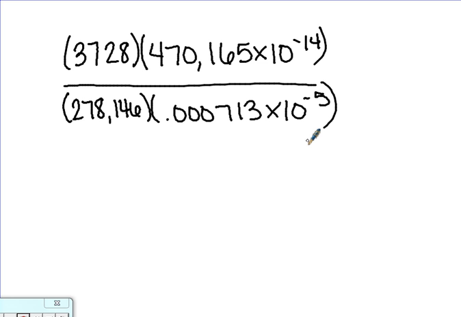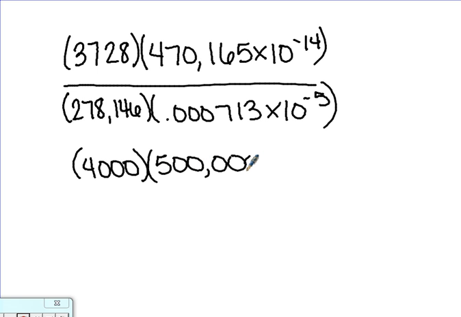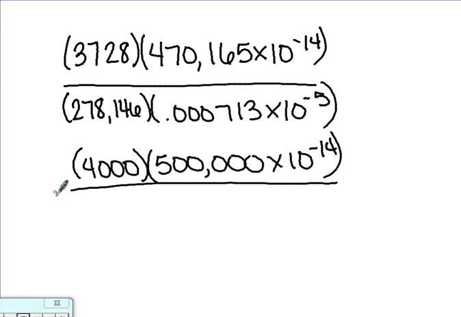Step 1, we're going to round each number to 1 digit. So, first of all, 3,728 will be rounded to 4,000. 470,165 times 10 to the negative 14th is going to be 500,000 times 10 to the negative 14th. 278,146 will be 300,000.